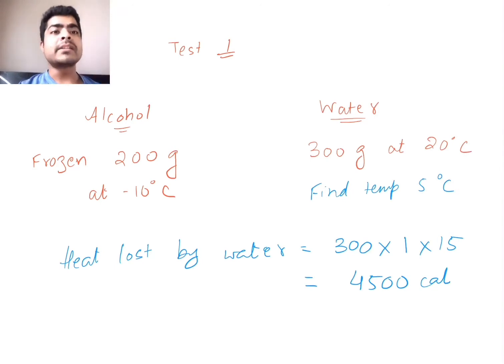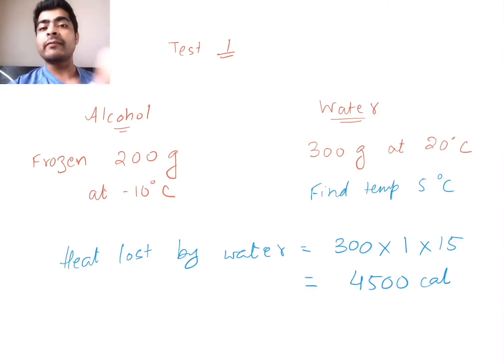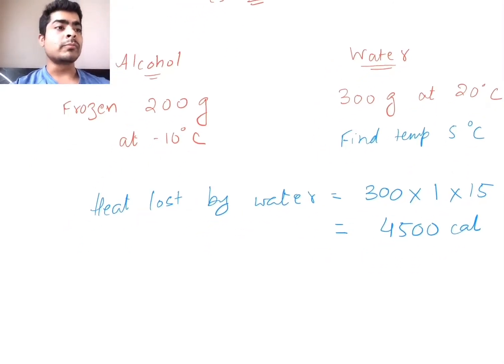Now this heat will be absorbed by alcohol. So alcohol absorbs the same amount of heat. We have initially solid alcohol. It converts into liquid alcohol at 5 degrees Celsius. So first we have to melt alcohol.